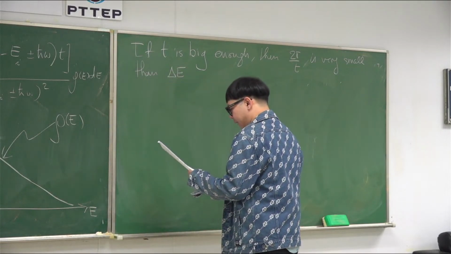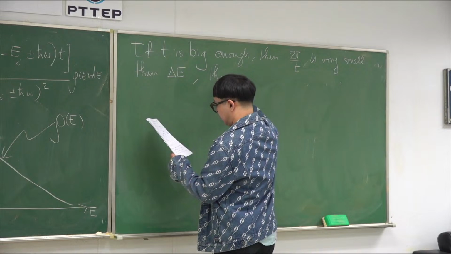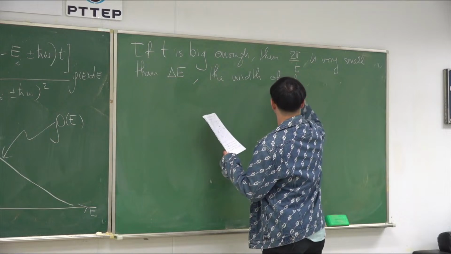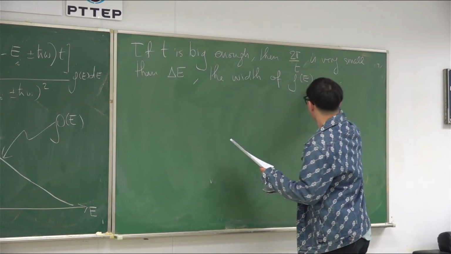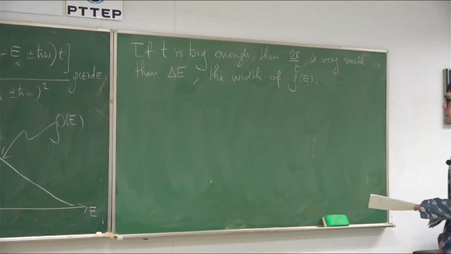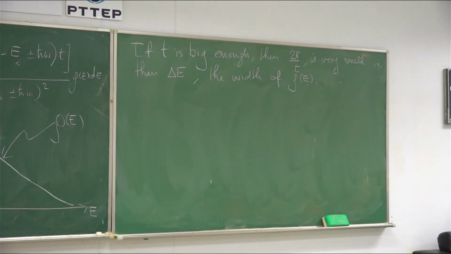Then delta E, which is the width of the density of state, is very huge compared with this, which is very small. When it's getting very small, it means that the curve around this area can be approximated as a straight line.